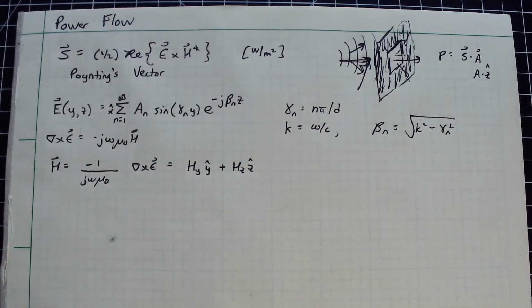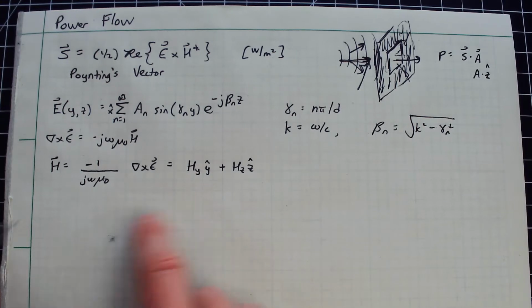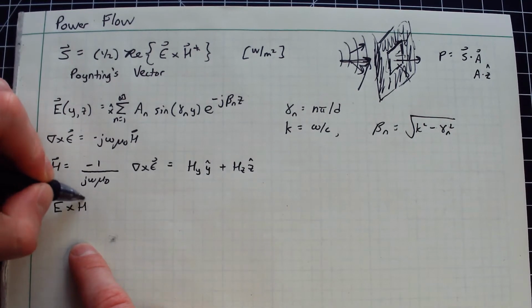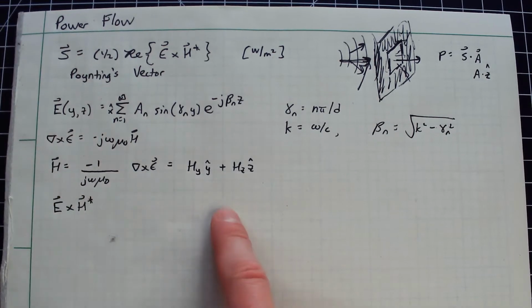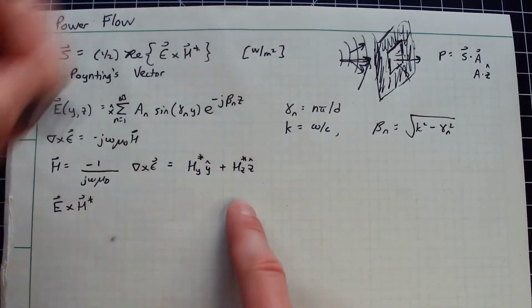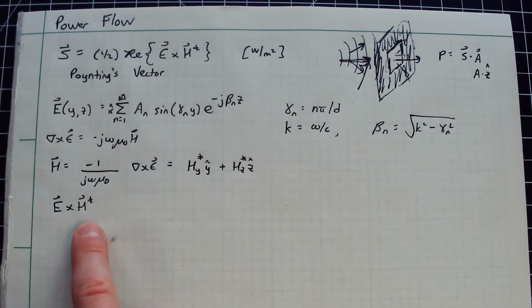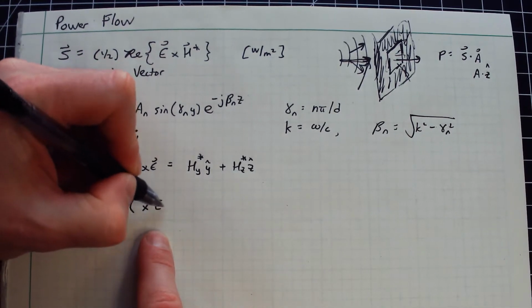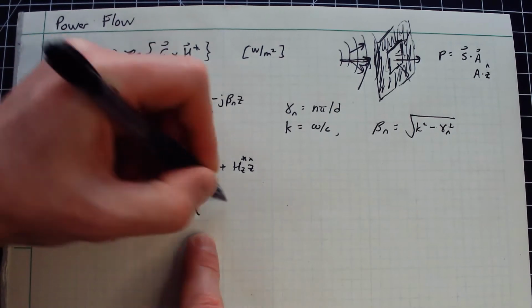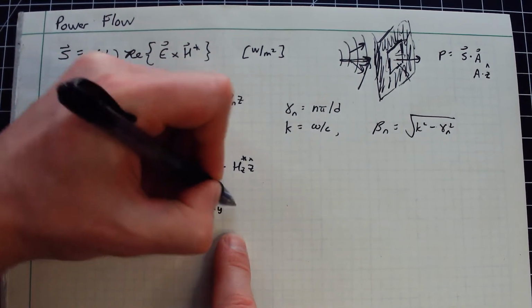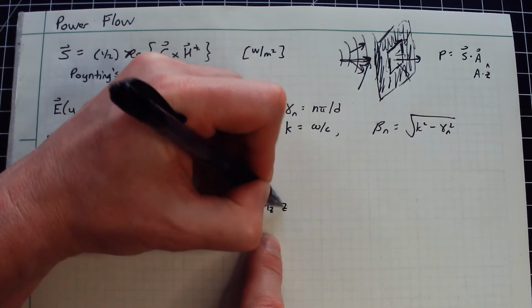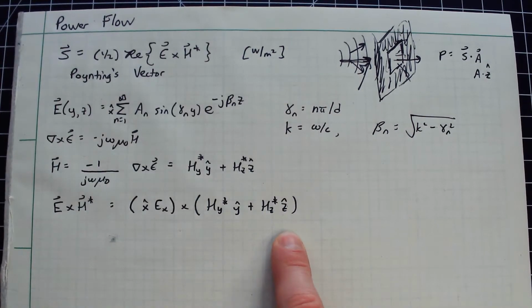And we solved for those in another lecture. So for E cross H conjugate, if I were to conjugate this, these would just have little conjugations on them. This cross product is going to be something like the following: x hat Ex, which I'm going to cross with Hy conjugate y hat plus Hz conjugate z hat, like so.